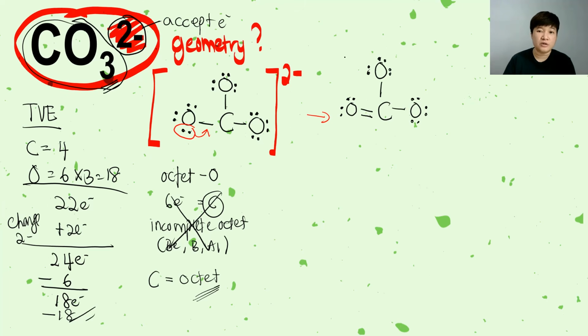That is your new Lewis structure. Don't forget the charge, which is 2-. You can see your carbon is now octet, your oxygens remain octet. Your carbon now holds 4 bonds. Every bond is 2 electrons, so you have 8 electrons around the carbon, octet.